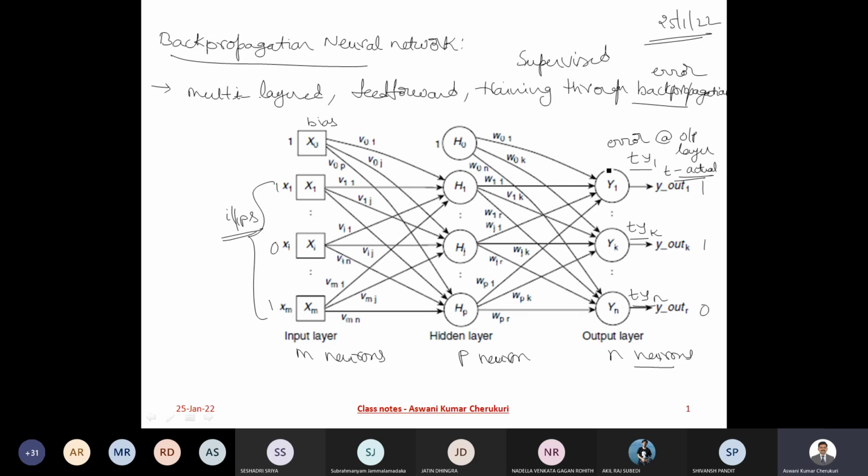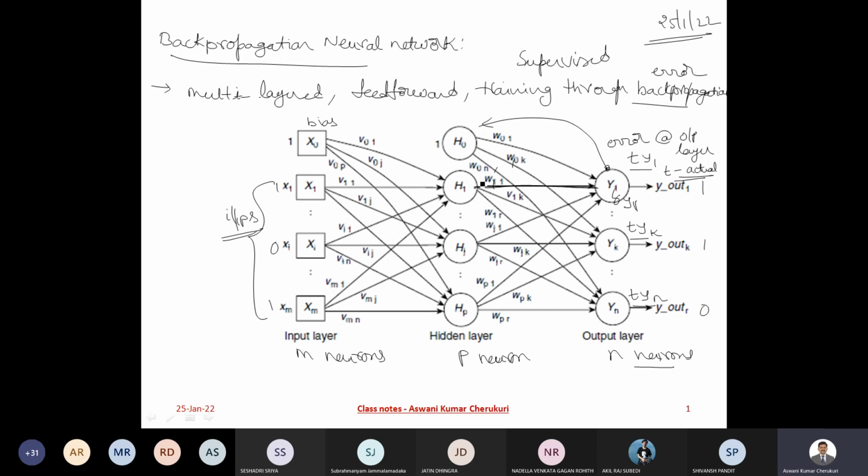So once you calculate the error, that error gets propagated to the hidden nodes. Remember, when it is getting propagated, you are going to multiply that particular error term with the corresponding connection weights. Take an example: del y1 is the error term at the y1 node. When it is getting propagated back to h1, you are going to multiply it by the connection weight w11.